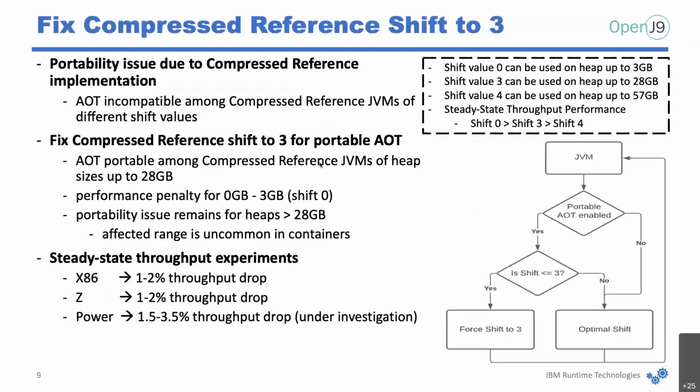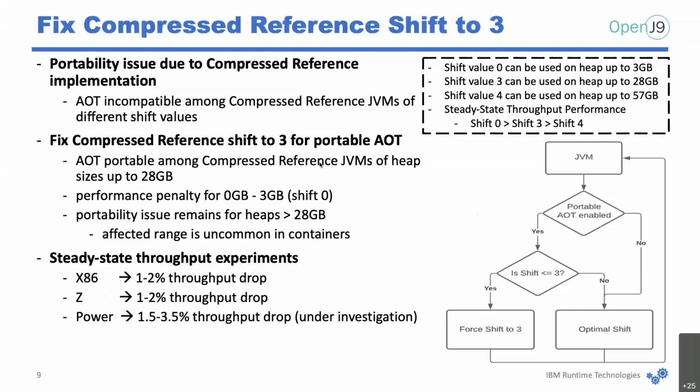The performance penalty of shift 4 over shift 0 is just too much for us, and shift 0 does not improve the portability at all, since the range of heap sizes it covers is too limited, only up to 3 GB. So in the end, we picked shift 3.